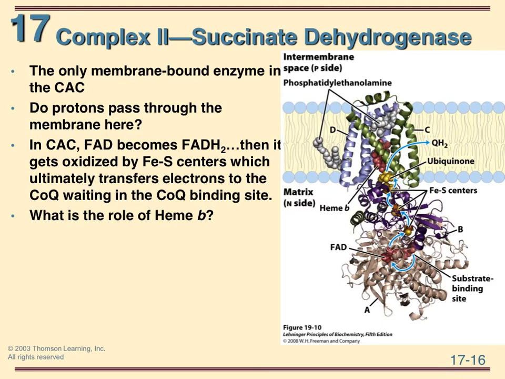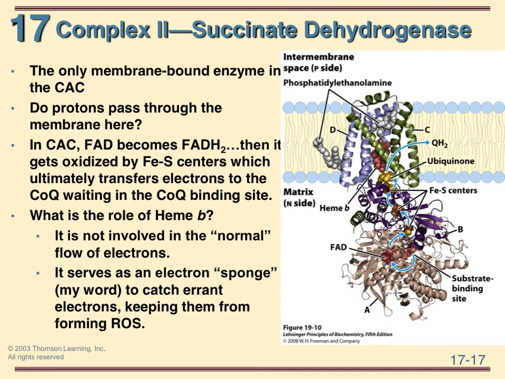What would happen here is, as they're flying through, if the ubiquinone's not there and ready, or not in the right orientation, the electron could fly off. So you want something, and this is my word for it, like a sponge or a catcher's mitt, if you think about baseball, to catch that electron and toss it back in.